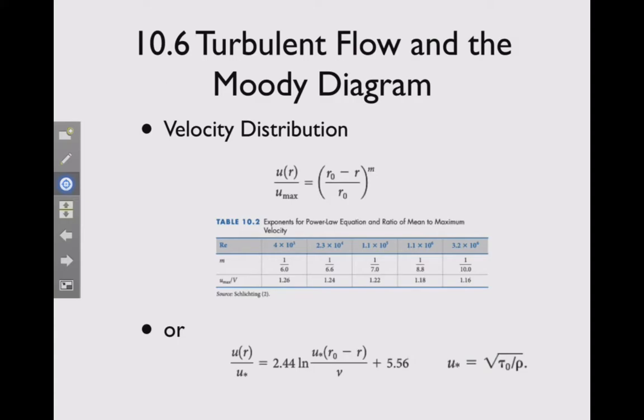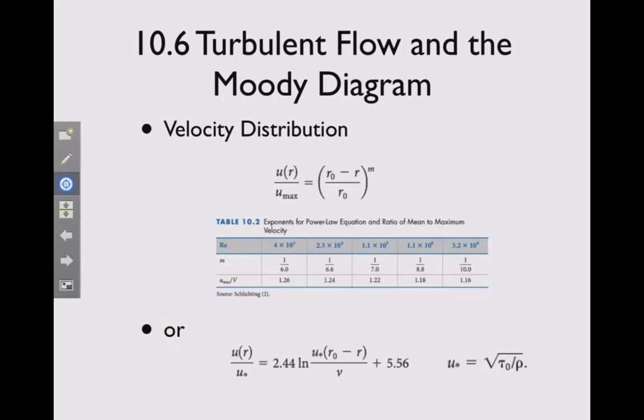Now, the other approach is to fall back on the equations that we saw from the last chapter, and in particular, the most relevant equation is that for the logarithmic velocity profile, or region of the flow. We have that here, and of course we've got the shear velocity, which is equal to the square root of the shear stress over the density.